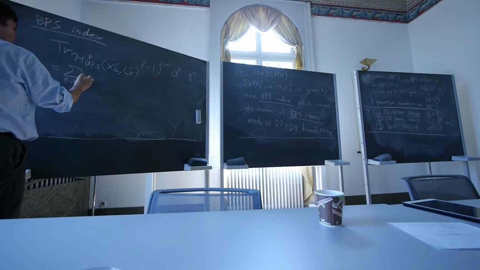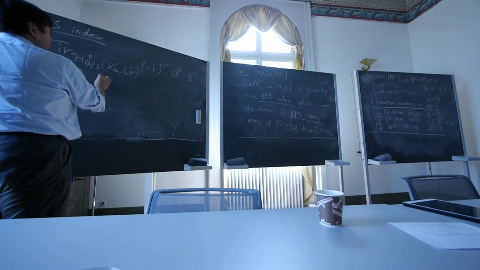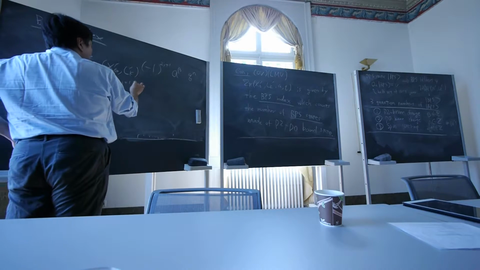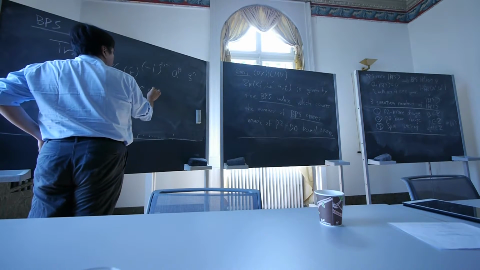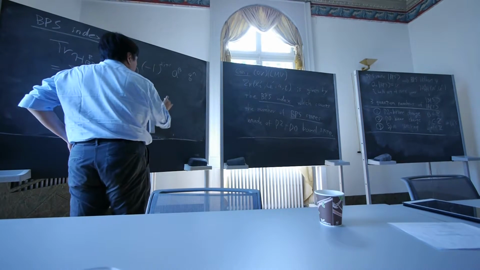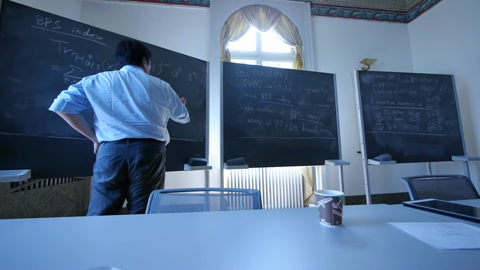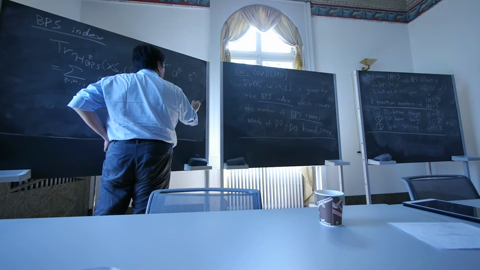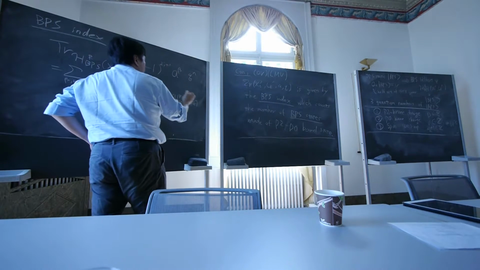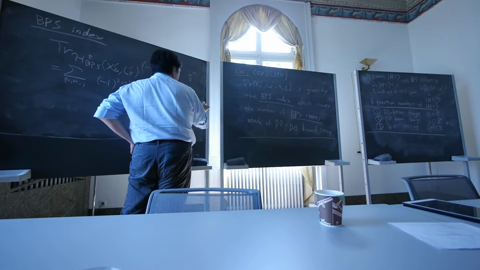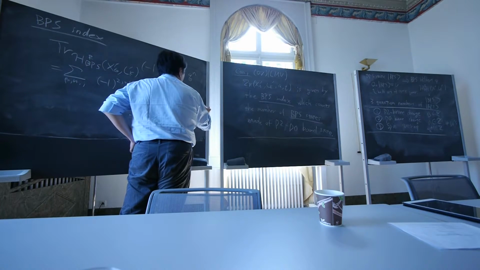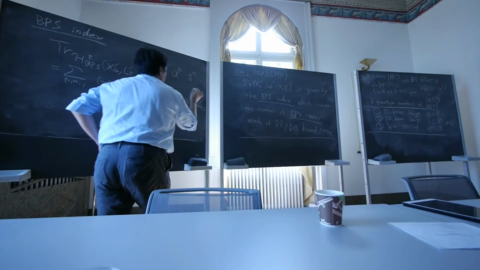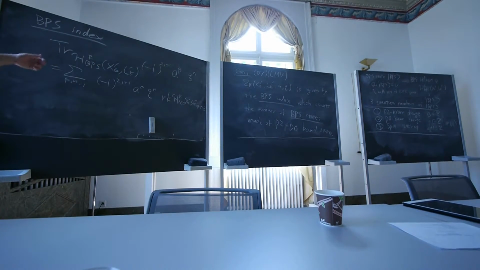The sum over beta, n, and J with the weight (-1)^(2J), A to the beta, and Q to the n, weighted by the rank of the BPS Hilbert space, and we restrict to the special sector that is specified by beta, n, and J. In such a way, the BPS index could be calculated.